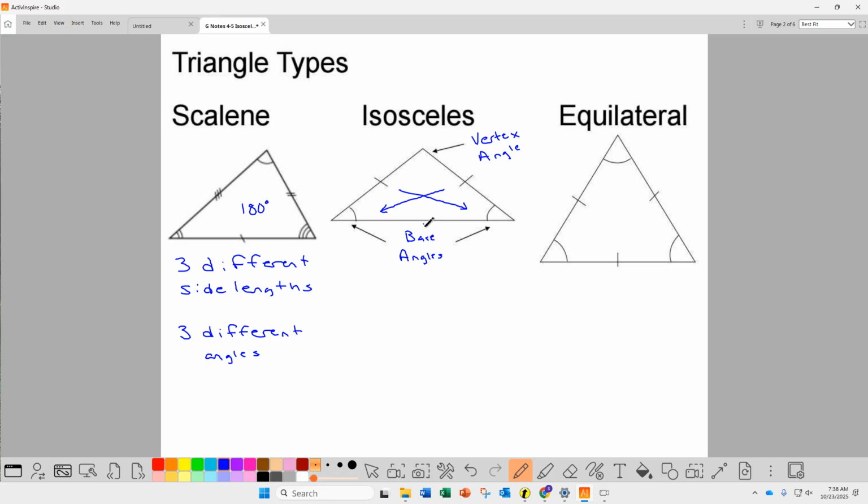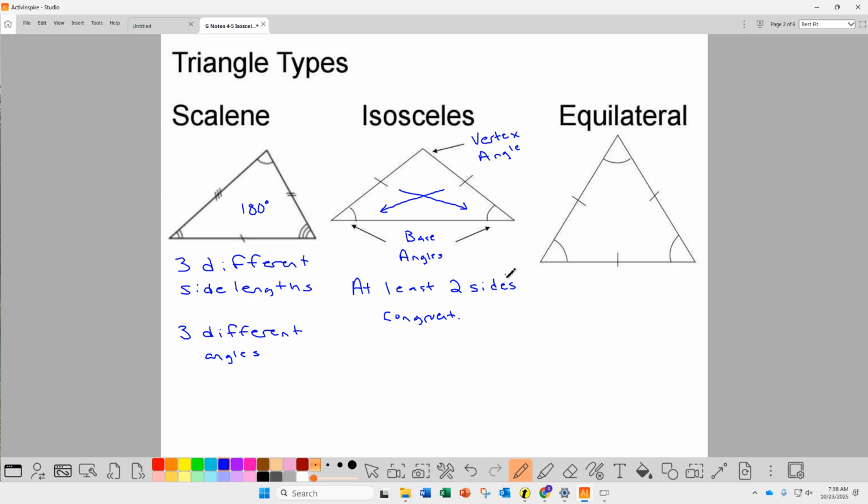Right? Now, the unique thing about this, it's very odd, is that the definition says it has at least 2 sides congruent. Not congruent, the S is on the wrong word, congruent.